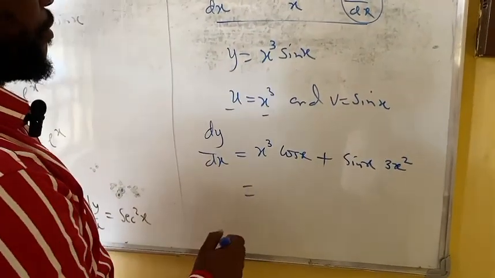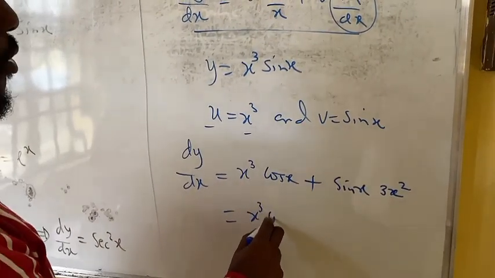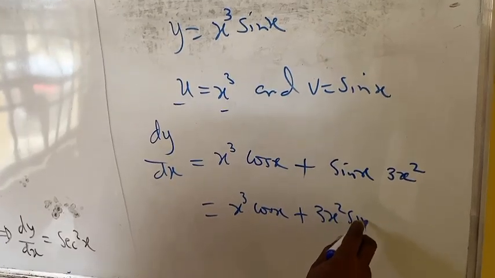So the derivative of y with respect to x is x cubed cos x plus 3x squared sine x.